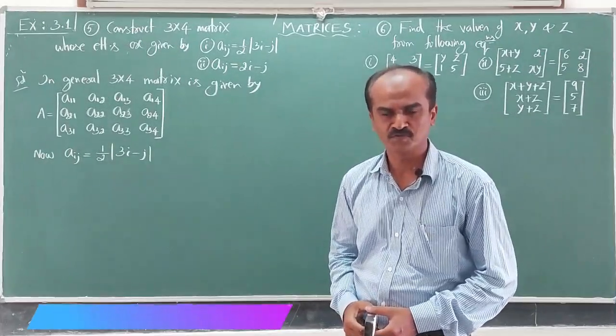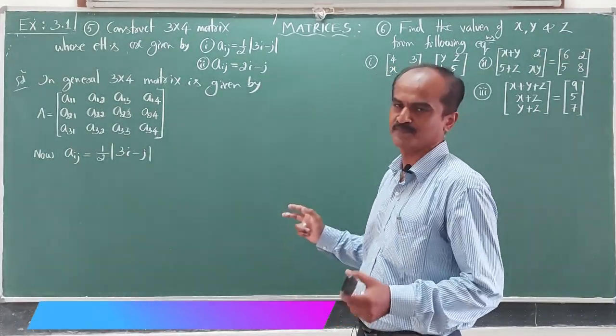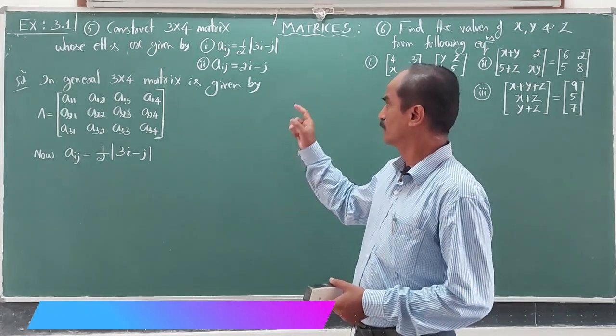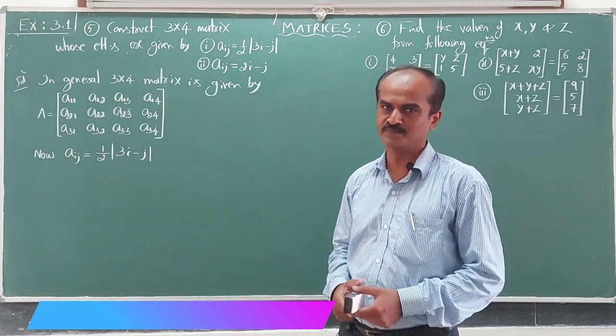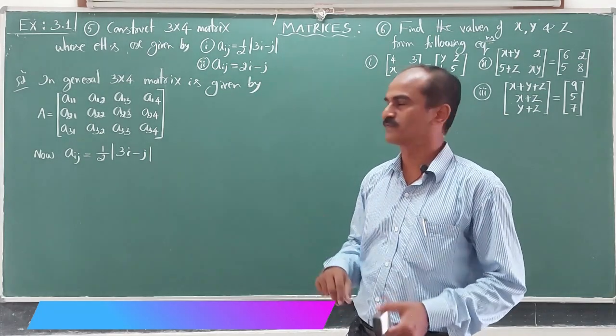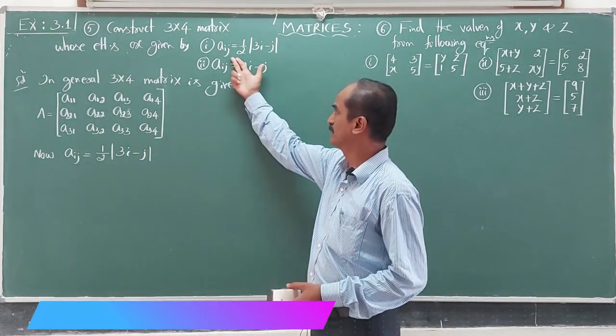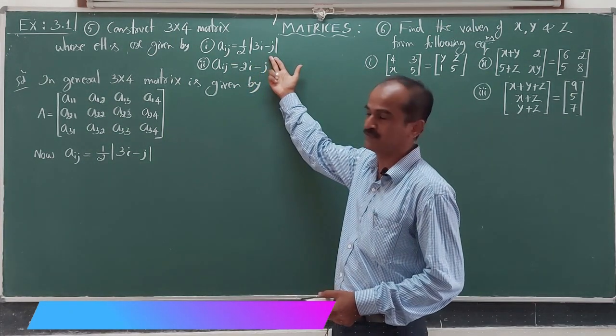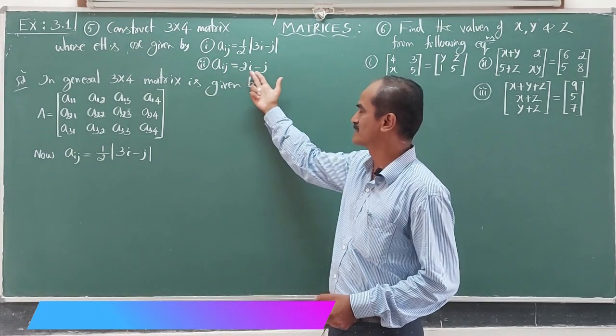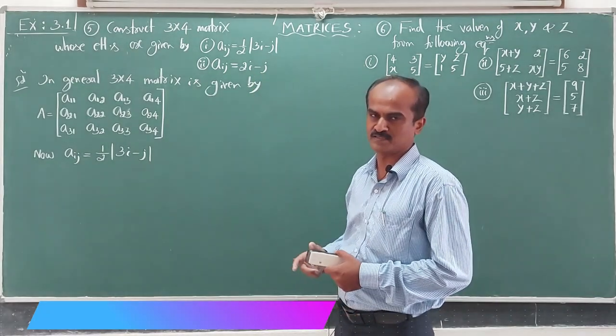In fifth question also required to construct a matrix. Now the matrix order is 3 by 4, means there will be 12 elements. To find those 12 elements, they are given Aij is half of modulus of 3i minus j, and second one is Aij equal to 2 times of i minus j.